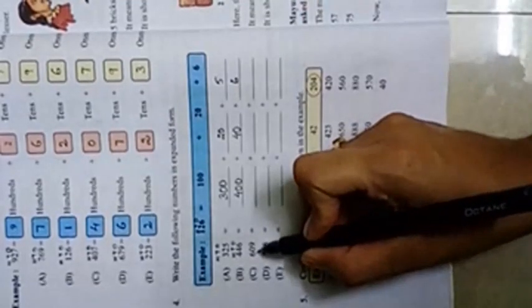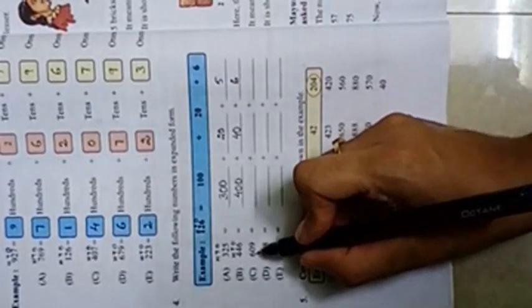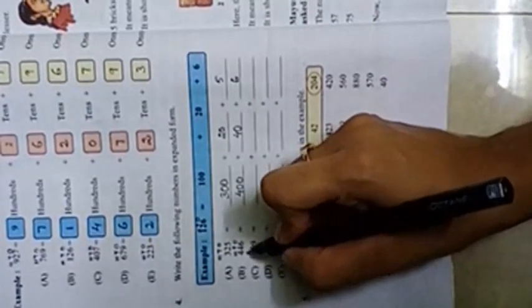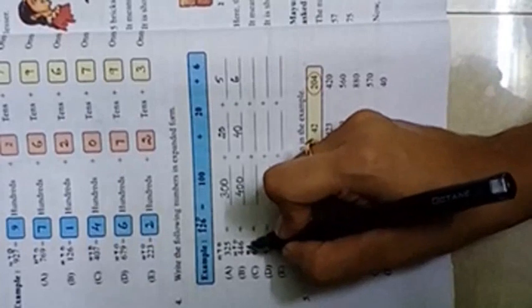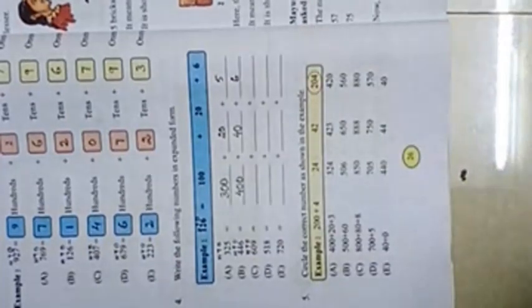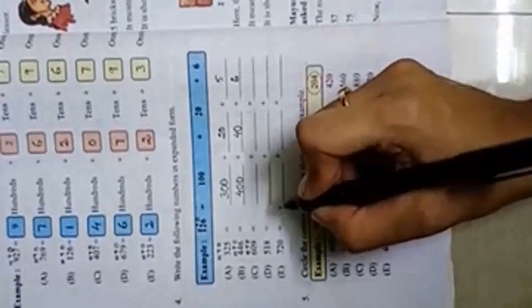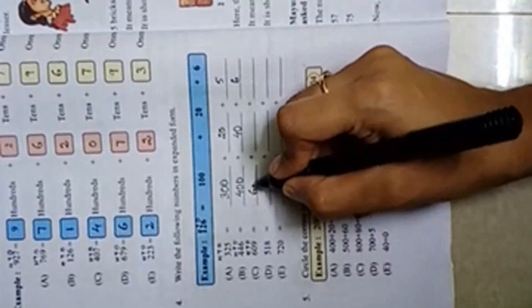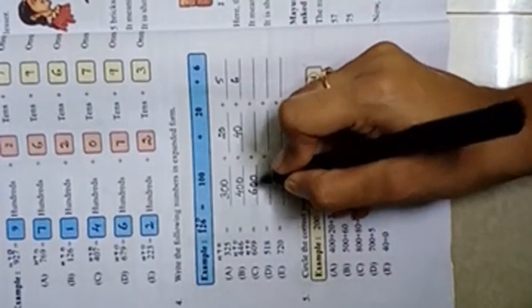Let's solve C1. Here we have 609. What do we have to do first, children? First step is writing the places of the digits. So how many hundreds are there here? There are 600. So multiply 6 by 100. 6 hundreds are 600.